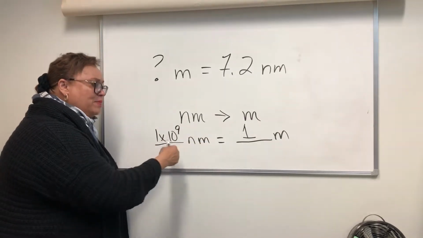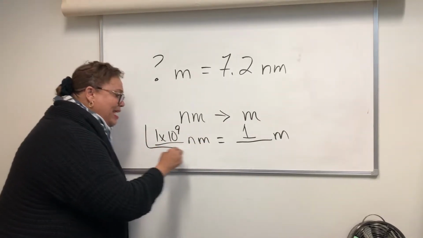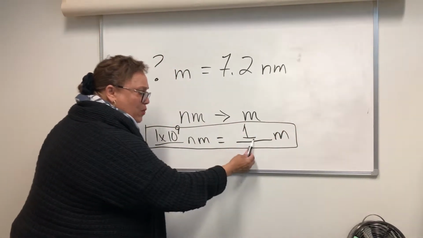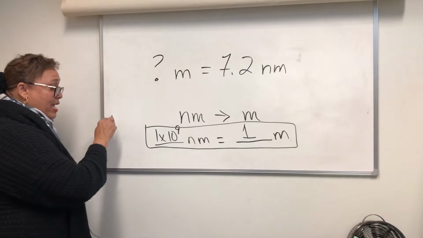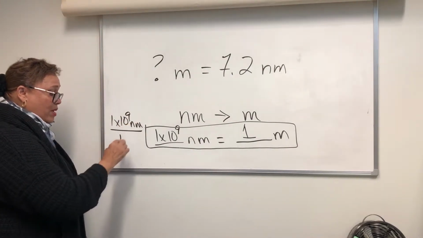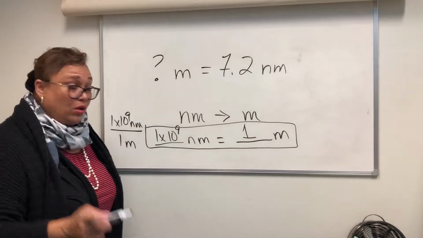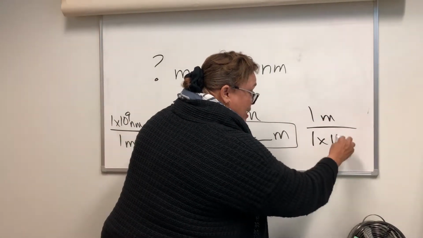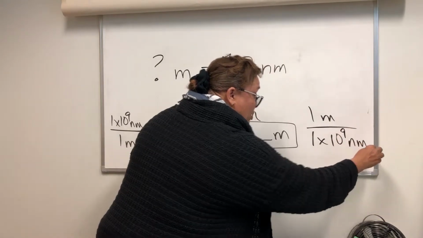Now, I can always make two fractions from any definition because the definition means 1 is equal to 1. I can easily say 1 times 10 to the 9th nanometers over 1 meter. Or I can say 1 meter over 1 times 10 to the 9th nanometers.